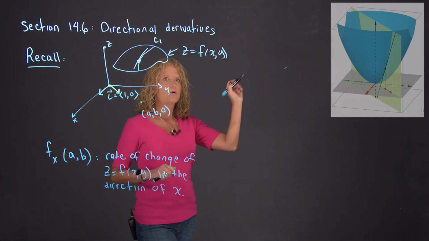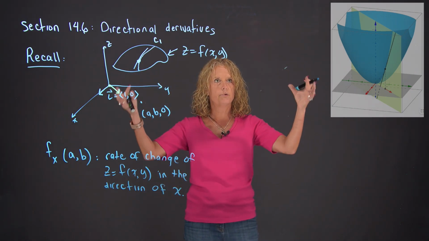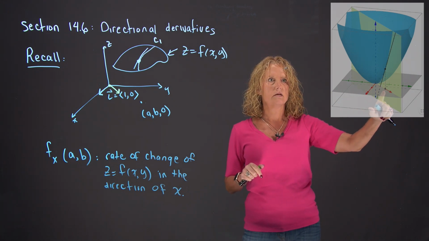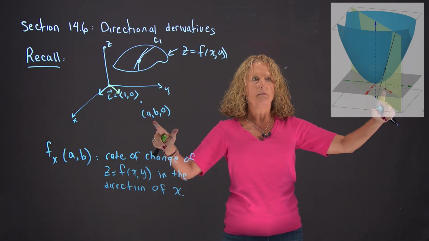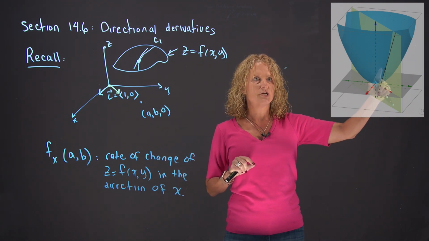So if you consider the graph that you see here on the right, your surface is obviously the big blue bowl-looking thing, and you've got a point here. This is what my a, b, 0 was, so that point's in the xy plane. You take that point, project it to the surface.